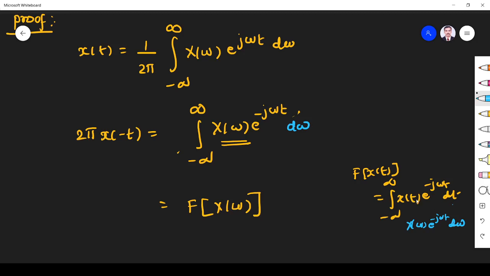So wherever we have t, we have omega. Compare this equation with that equation. So it is like the Fourier transform of X of omega.